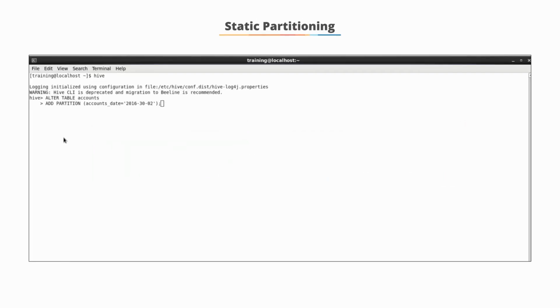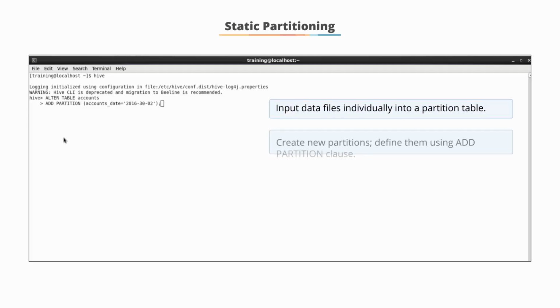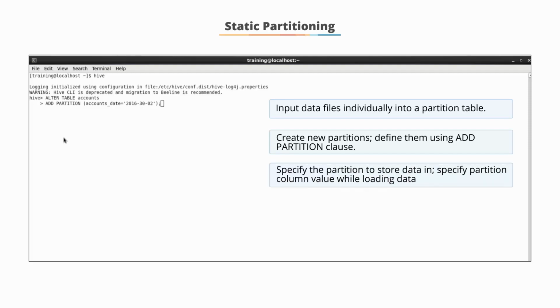First, let's begin with static partitioning. In the static partitioning mode, you can insert or input the data files individually into a partition table. You can create new partitions as needed and define the new partitions with the Add Partition clause. While loading data, you need to specify which partition to store the data in.